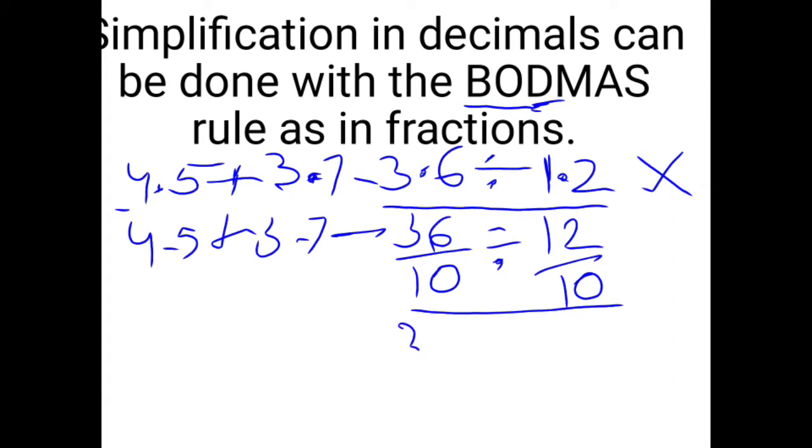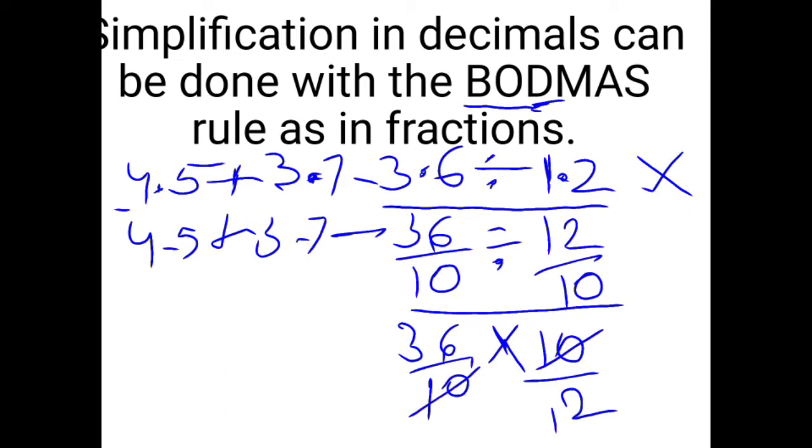So it becomes 36 upon 10, the division symbol changes to multiplication, and this becomes 10 upon 12. Now you can cut 10 with 10. 12 ones are 12 and 12 threes are 36. So what does it give you? Only 3.